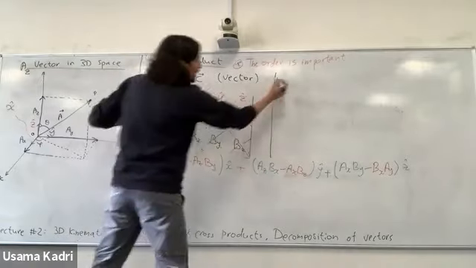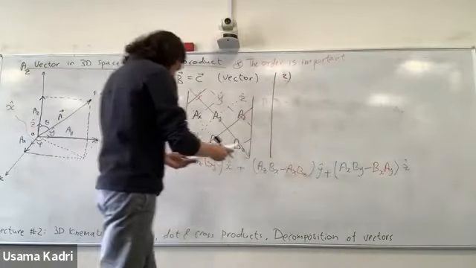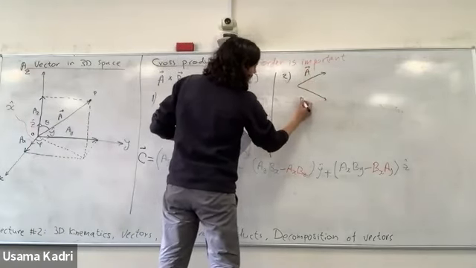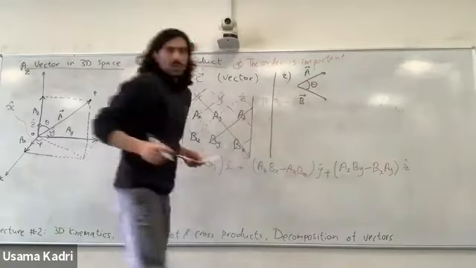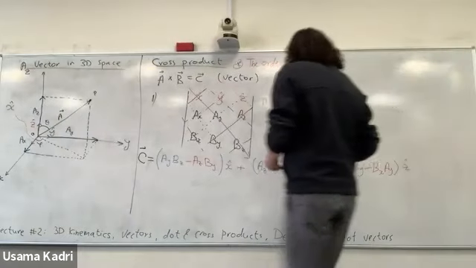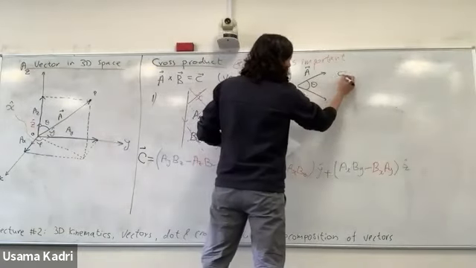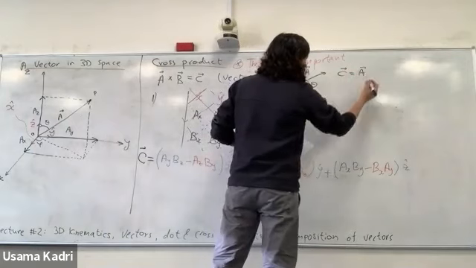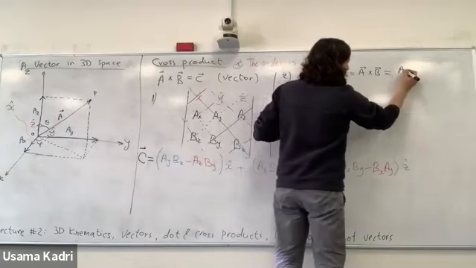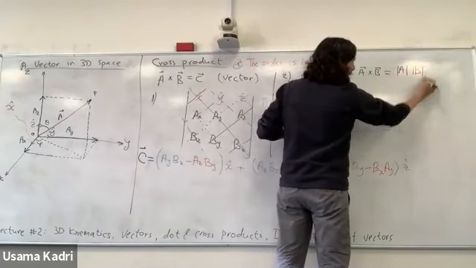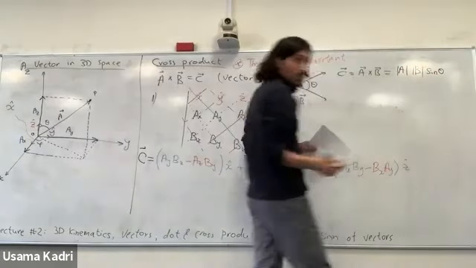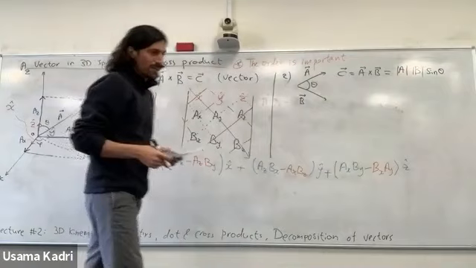So the second way of doing the cross product is, similar to before, if you had A and B, and if you knew the angle between A and B, then you could write C equals A cross B, which is the magnitude of A, the magnitude of B, and I'm sure that you can guess now, it's going to be sine of theta. So before it was a cosine, and now it's sine of theta.